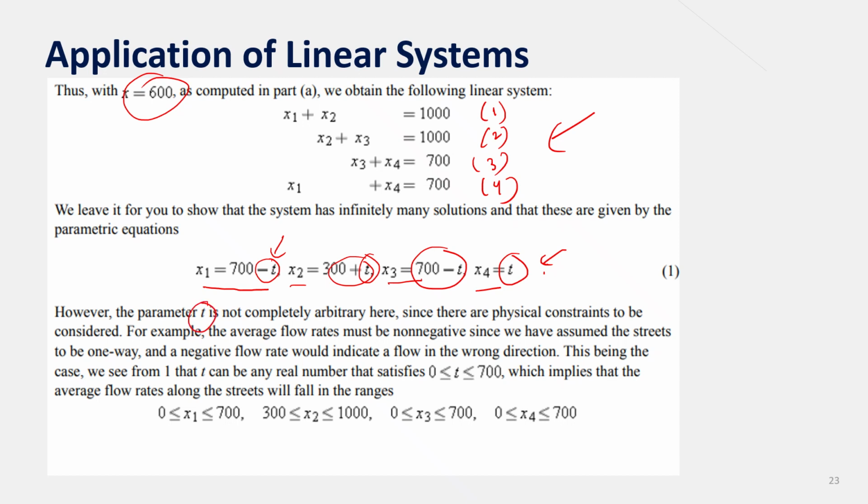However, t is not completely arbitrary, because there is a physical constraint to consider on the flow rate. You can see that t should be between 0 and 700, which implies that x1 will be from 0 to 700, x2 from 300 to 1000, x3 from 0 to 1700, and this one as well.